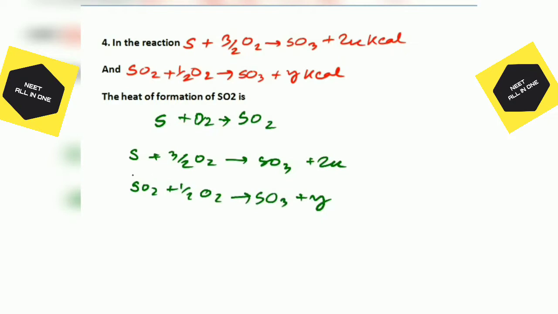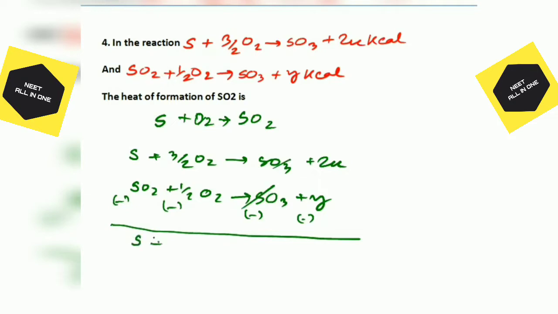So what happens? We reverse the second equation, so the signs change. SO3 will be cancelled, and it will be S plus O2 gives SO2, with plus 2x minus y.